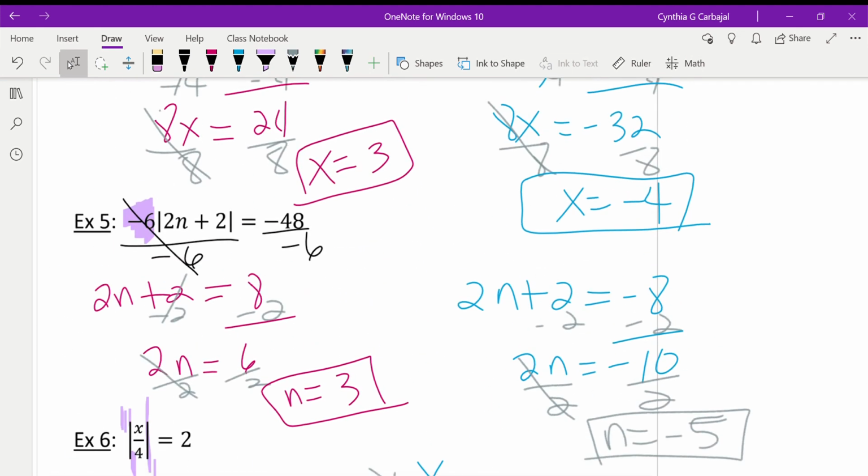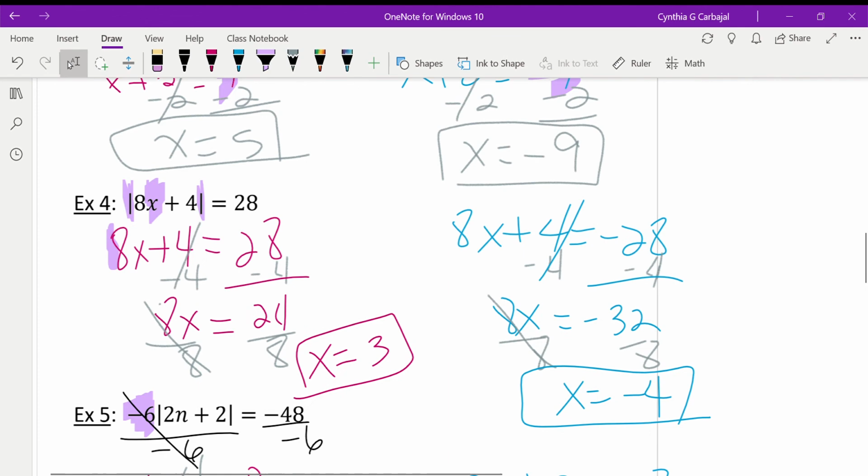And here, once we got rid of that negative 6, it was originally equal to a negative 48, but once we divided by a negative 6, it changed our answer to an 8. And then we have the absolute value set equal to 8. Well, it was a positive 8, and then we could split it into a negative 8. So you always want to start off with a positive in order to start solving.